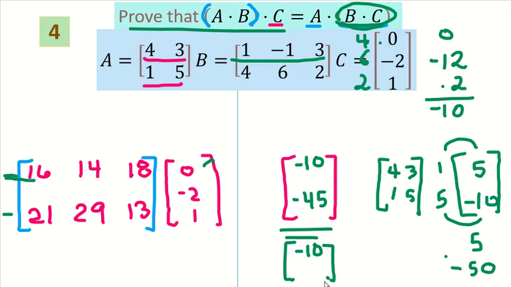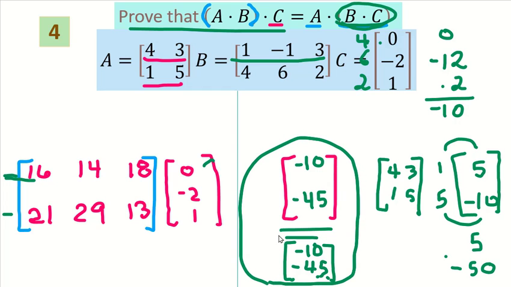Add those two numbers together and we get negative 45. So we have just shown that when we group differently, the associative property, we still get the same answer.